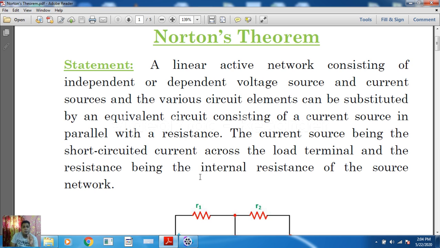The current source is the short circuit current across the load terminal, and the resistance is the internal resistance of the source network.